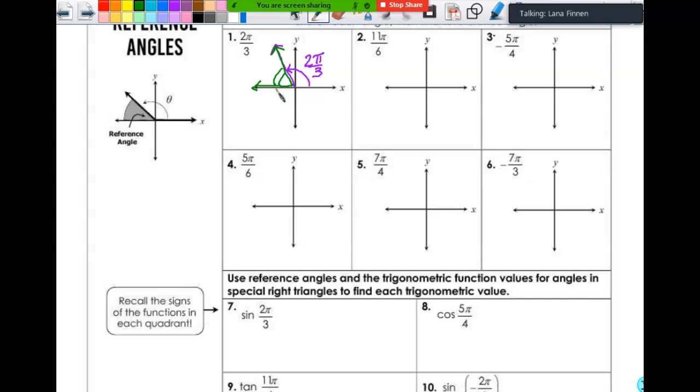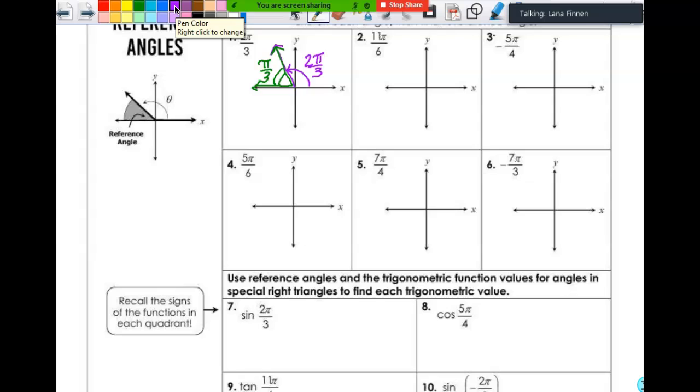Always super easy with my special angles. So what's the reference angle? Pi thirds, exactly. If this is 2 pi thirds, it's pi thirds. If it's a pi thirds angle, your reference angle is pi thirds. If it's some sort of pi sixth angle, your reference angle is pi sixths. Some sort of pi fourths, it's a pi fourths. It's that easy. So it's really more important that we're doing these so we know which quadrants we're in to begin with.